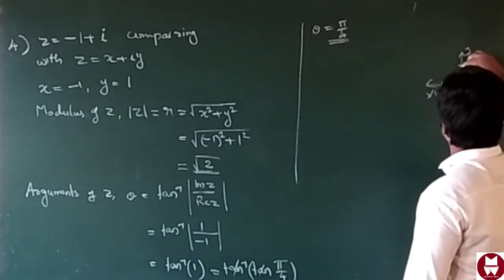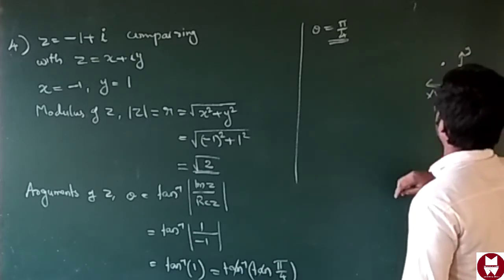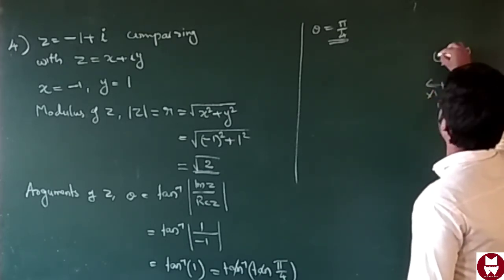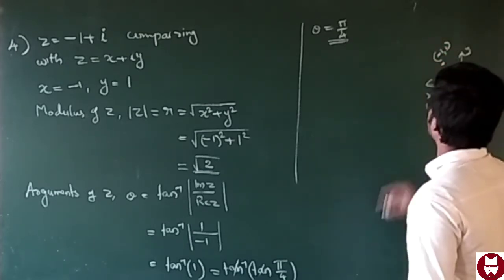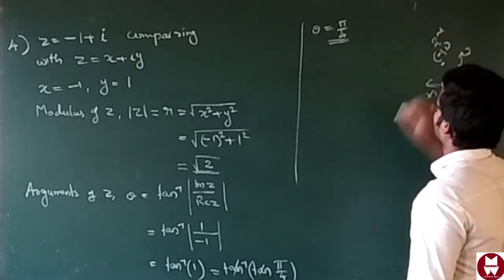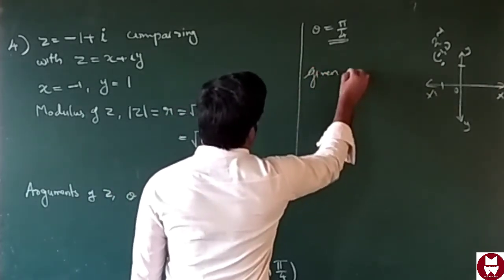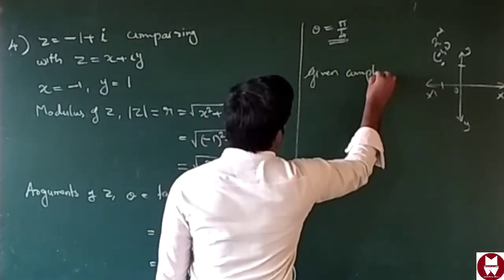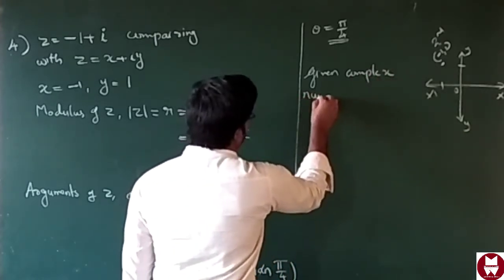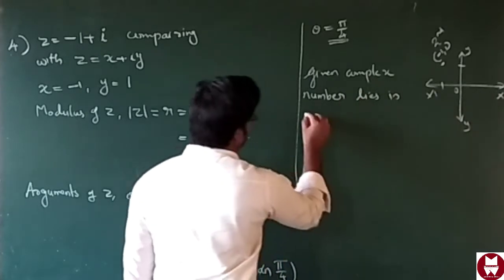Positive means upside of 0. In this quadrant only you will get it, that is, you can write minus 1, 1. In which quadrant? This is the second quadrant. You can write that the given complex number lies in the second quadrant.